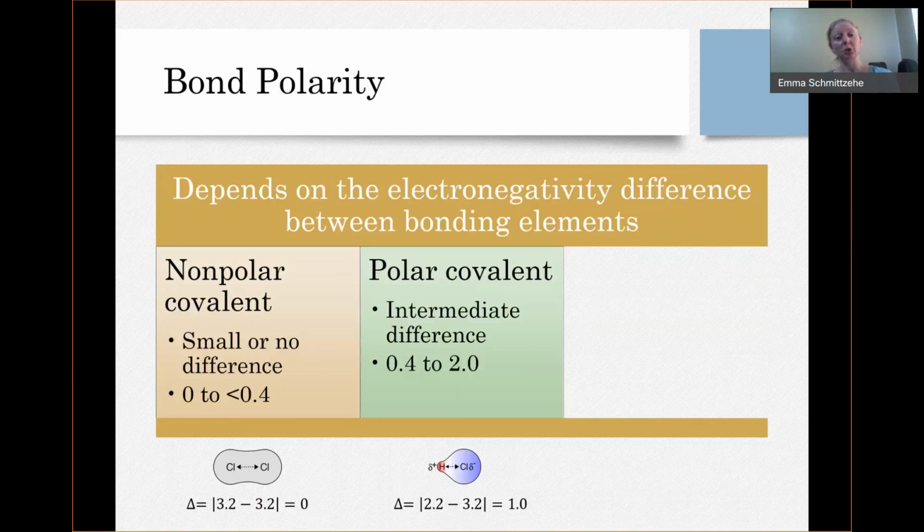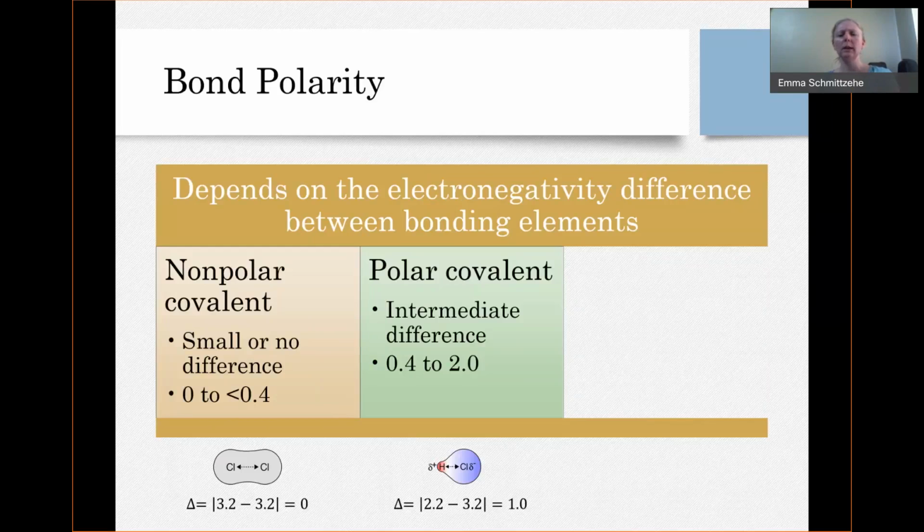It won't have as much access to those shared electrons as the chlorine does. And so the hydrogen end of HCl will have kind of a slight positive charge, whereas the chlorine end will have a slight negative charge because it's pulling extra electrons towards it. So anything with a difference in electronegativity somewhere between 0.4 and 2 would be considered a polar covalent bond.